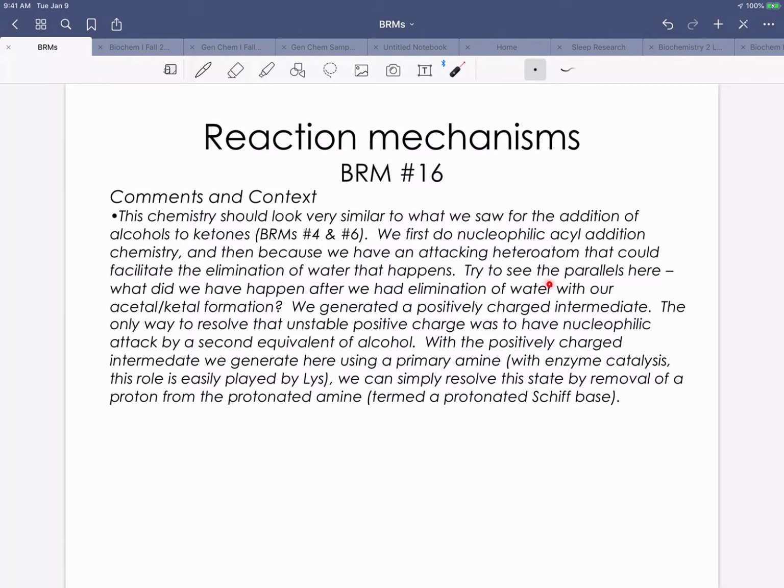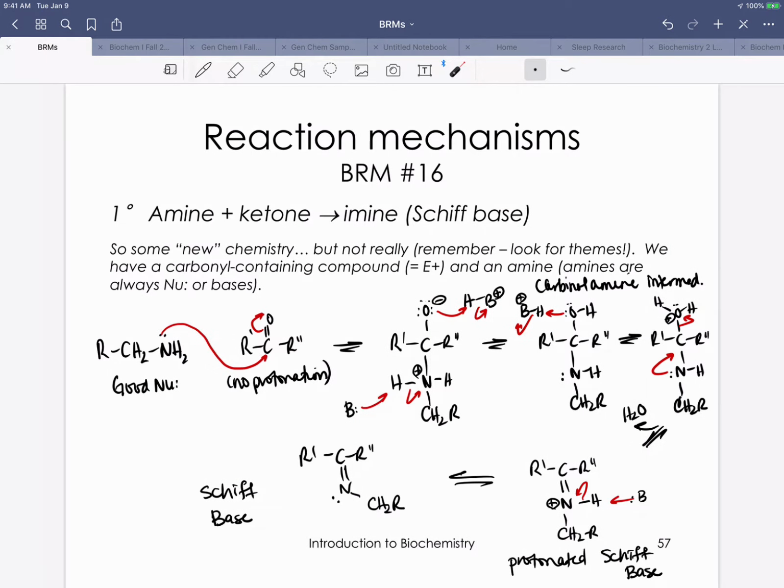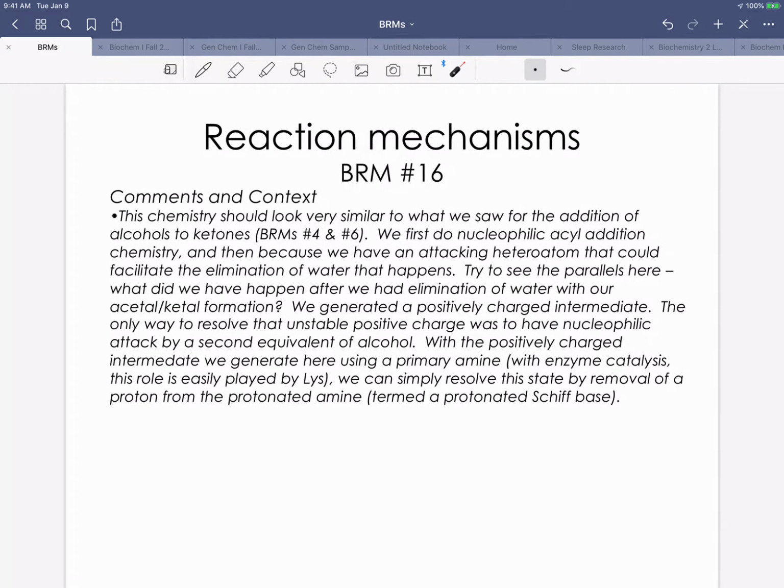And again, I already talked about this, but see these parallels. What happened after we had elimination of water with our acetal and ketal formation, generating that positively charged intermediate, was we were able to resolve that by having nucleophilic attack by a second equivalent of alcohol. Again, using a primary amine generates a positively charged intermediate that we can resolve by simply deprotonating.